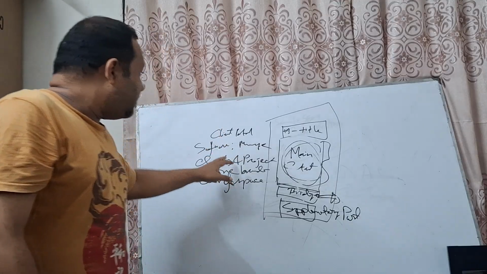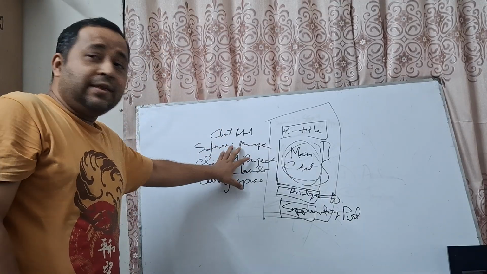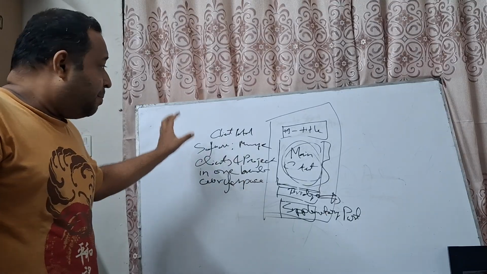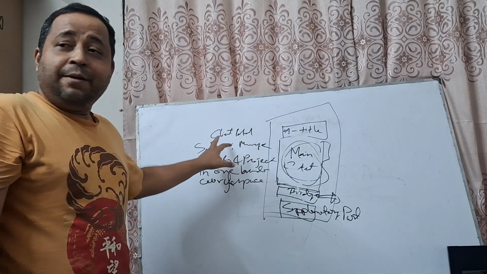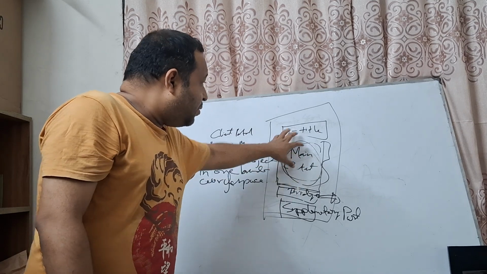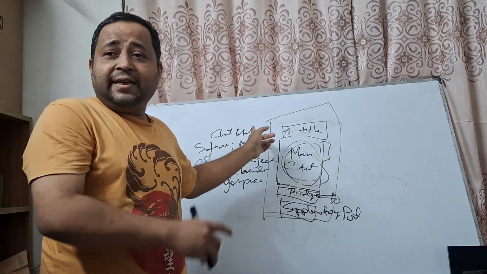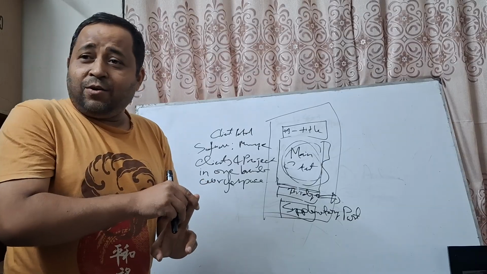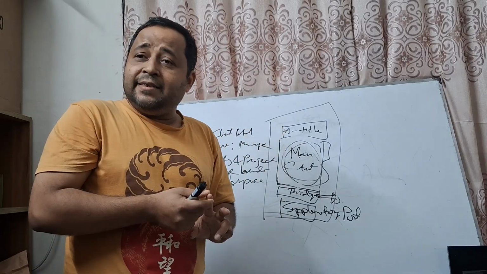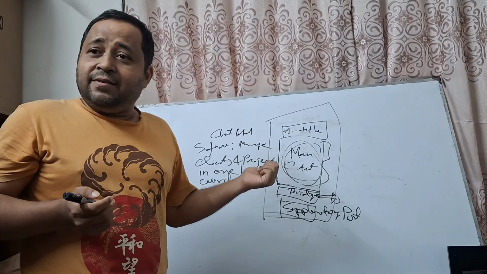Because we never said in the H1 that client portal software manages clients and projects in one place, there is no Agency Handy here. But Agency Handy itself is a client portal software. So we talked about the client portal first, why it is necessary, we know the intent. We know our audience. Those people who are running agencies and need agency management software are looking for Agency Handy, right?